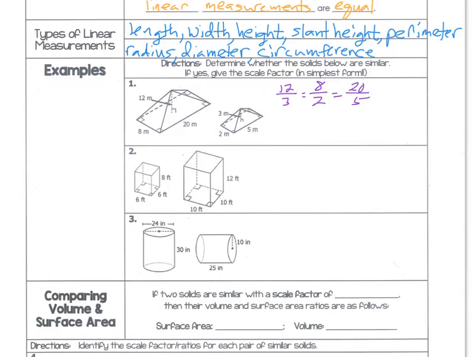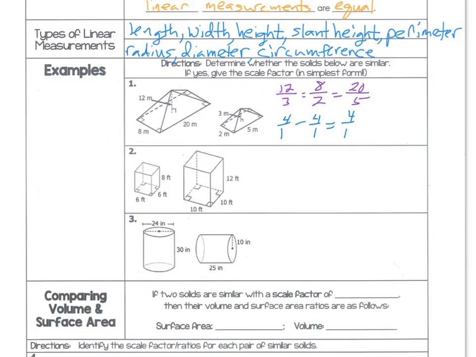So what does 12/3 reduce to as a ratio? Yeah, so this is 4 is to 1, 4 over 1. We want to write it as 4 over 1, so it's that ratio. What about 8 over 2? 4 over 1, and then 20 over 5? That is also 4 over 1.